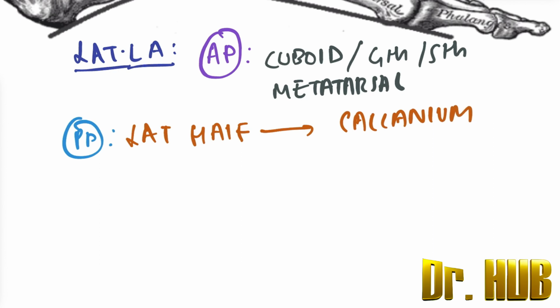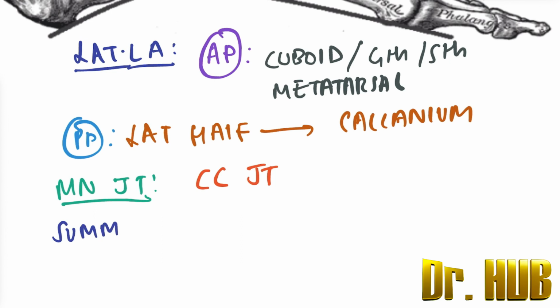What is the main joint which is involved? The main joint involved here is the calcaneo-cuboid joint, so we are writing it as the CC joint. Then comes the summit.